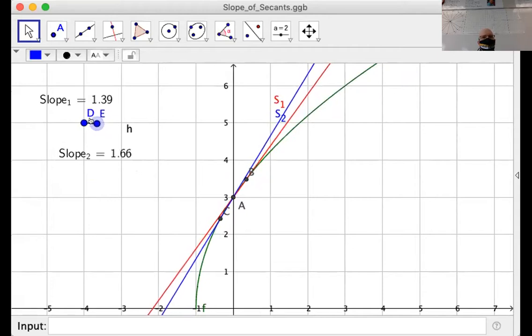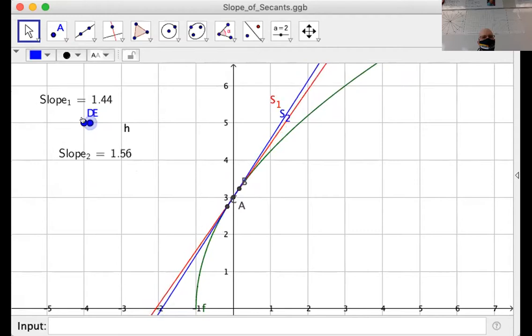And look at the slopes of those two lines. They're getting closer and closer together, aren't they? And H is getting tiny. H is super tiny here, isn't it? Correct? And this point and this point are almost on top of A, right? And the blue line and the red line are getting really close to each other. They're starting to approximate the tangent line.